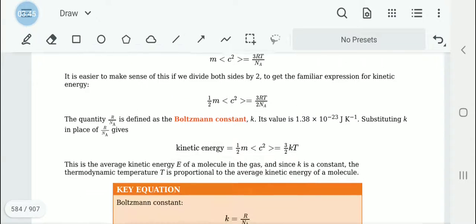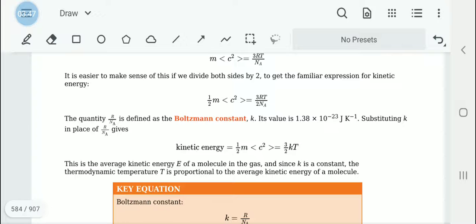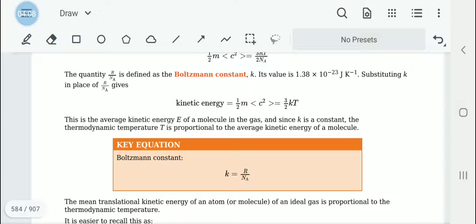Then we get kinetic energy is equal to half m C squared, which is going to be equal to 3 upon 2 kT. K is Boltzmann constant. T is the temperature in Kelvin scale. Right? So this equation is yet another thing that you need to understand.